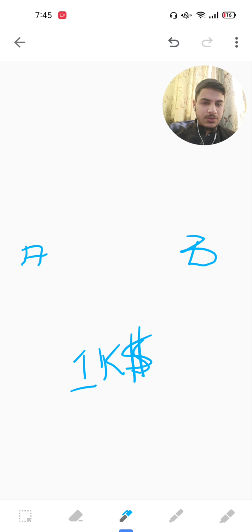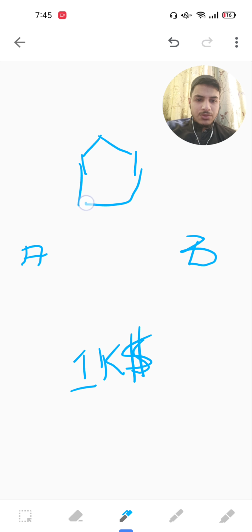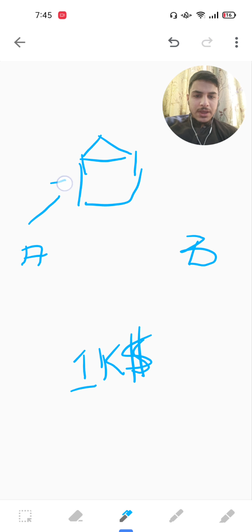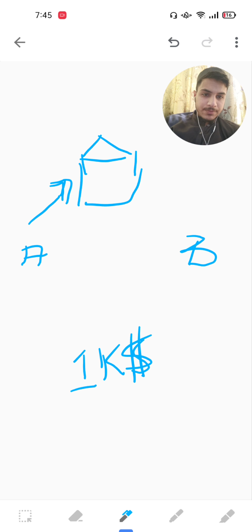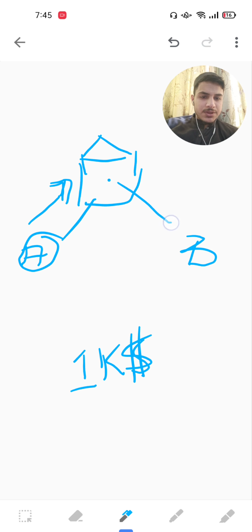So the traditional way is that person A will send it to the bank first, and then the bank will be a trust. Person A trusts the bank, and the bank will maintain the trust of person A and will send his assets and funds and his property to person B.